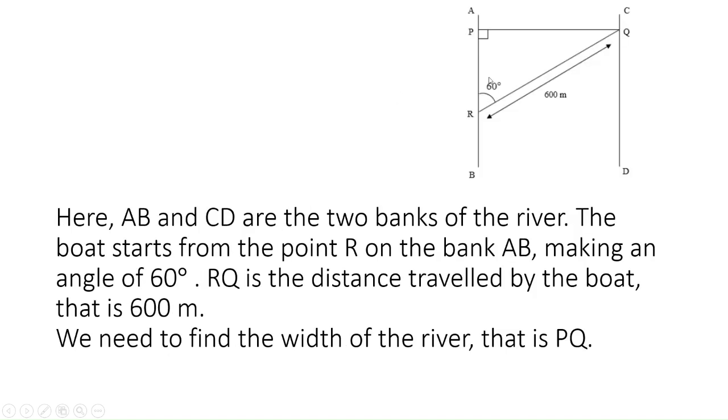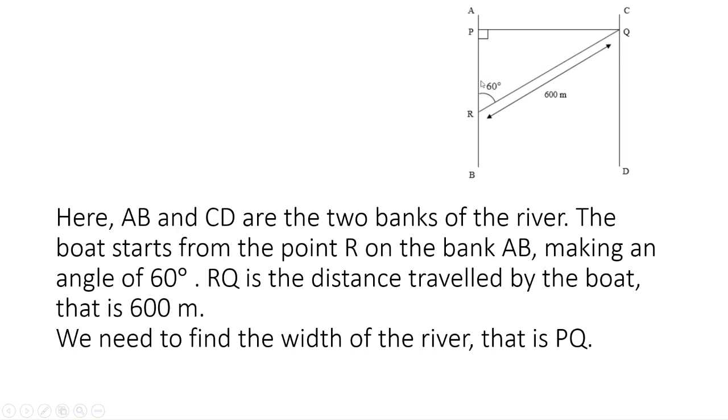Say suppose here A, B and C, D. Let us consider both of them as the banks of the river. So the boat is starting at a point R on the first bank AB, and it is making an angle of 60 degrees and moved a distance of 600 meters to reach the other point on the other bank of the river.